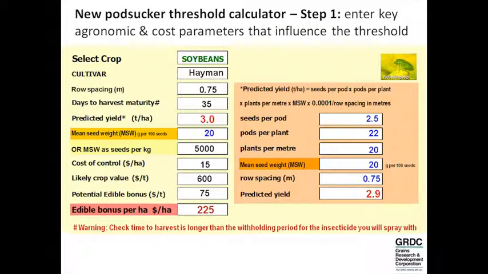The mean seed weight will come in automatically from your variety. Just your row spacing, and the predicted yield is about 2.9, so you can see whoever was predicting the 3 was pretty accurate in this case, weren't they? So you can do a little test for yourself. Someone like Macintosh, a lot of you I'm sure could just put a crop at 3-4 tonnes a hectare. But that's just a little check.